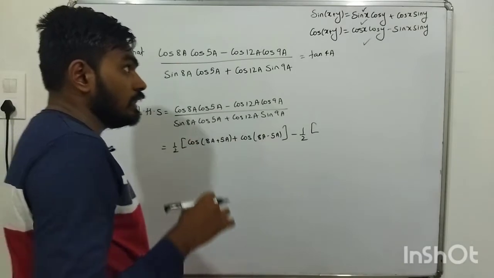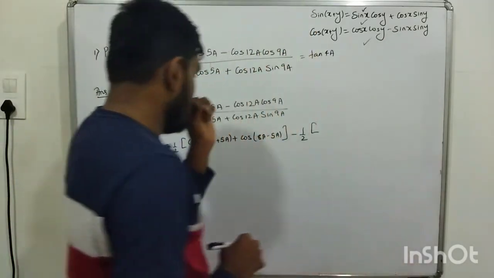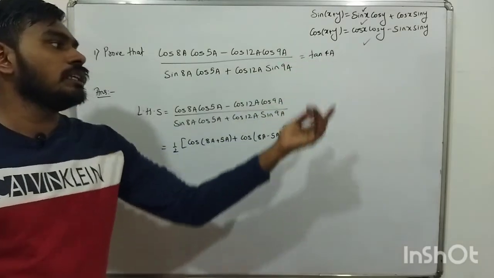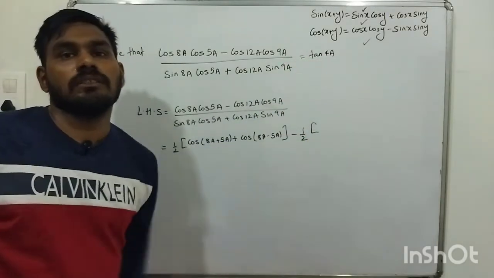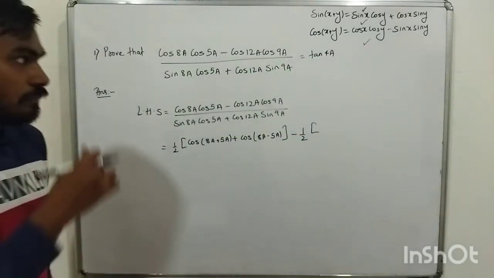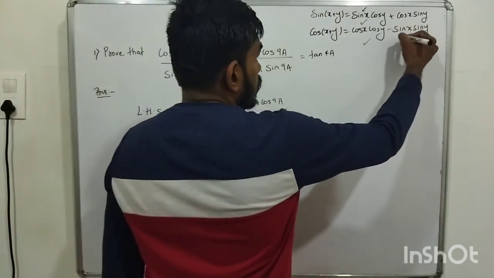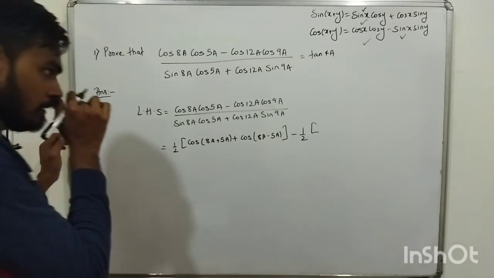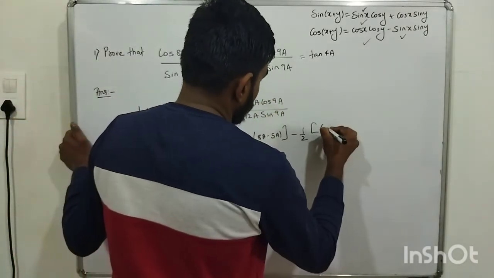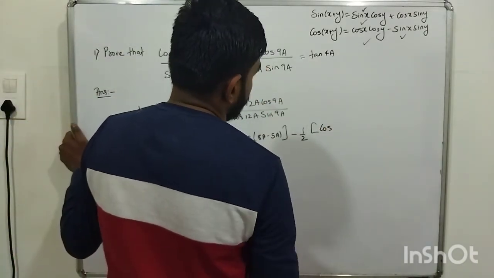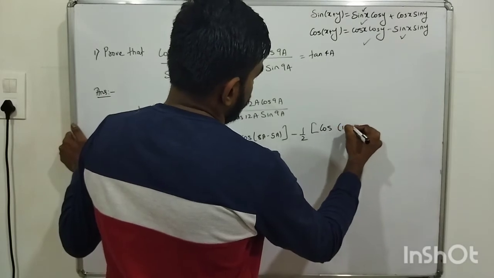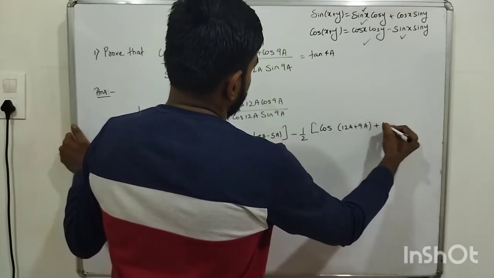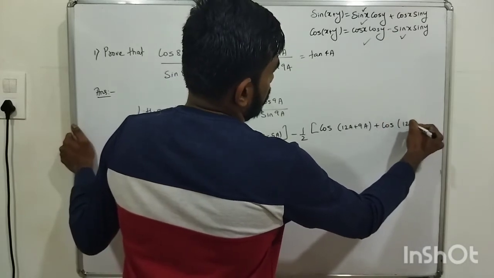If there are sin sin, you multiply again cos minus cos, and whenever there is this fourth term, don't forget to take the minus sign outside. Next, cos 12a plus 9a, and plus cos 12a minus 9a.